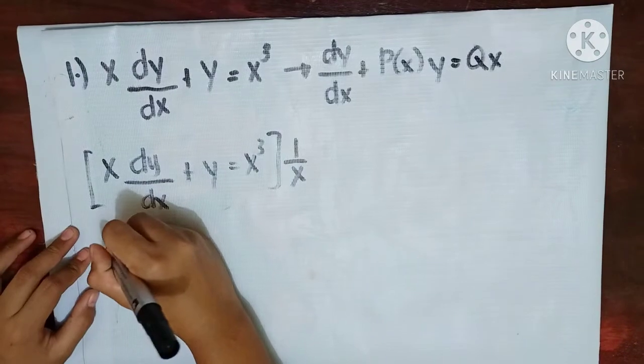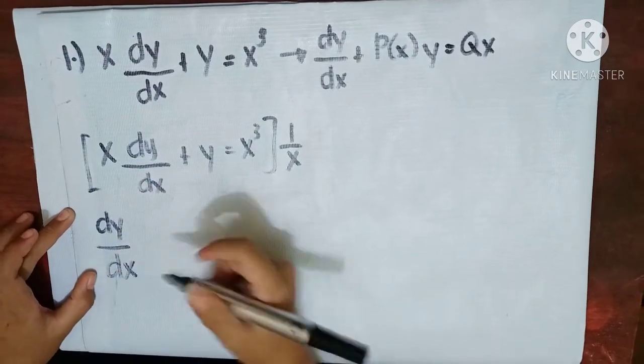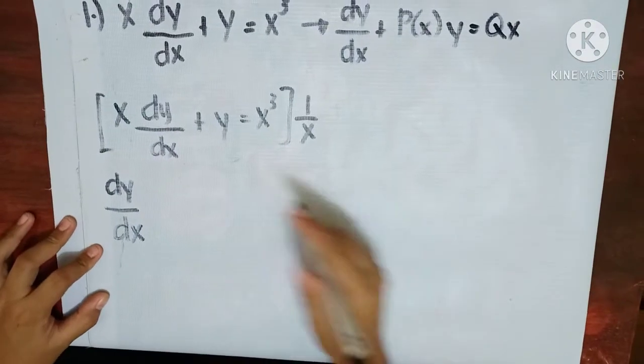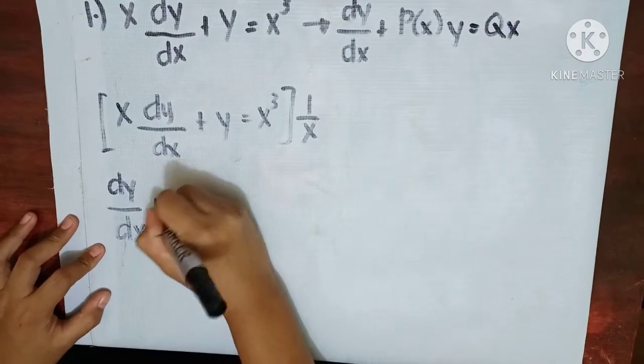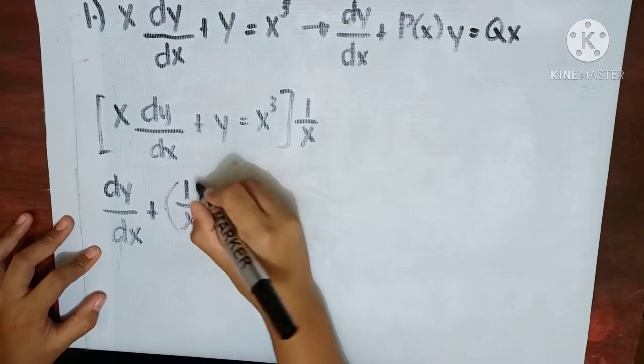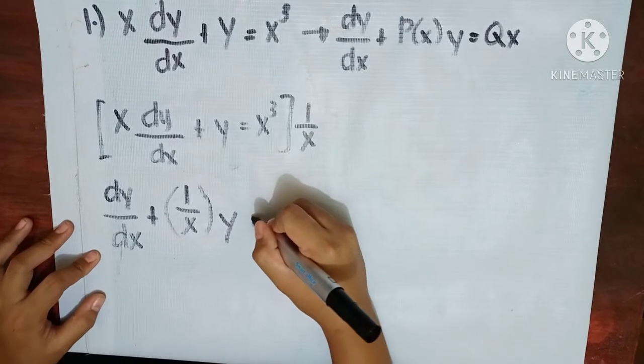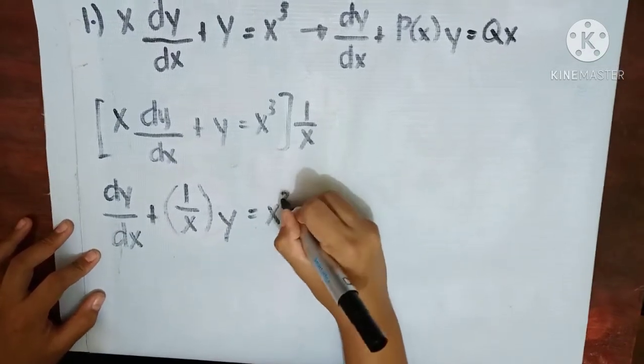So we have dy over dx plus 1 over x times y equals x squared.